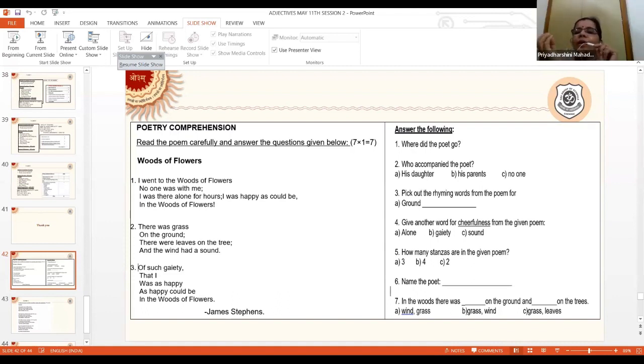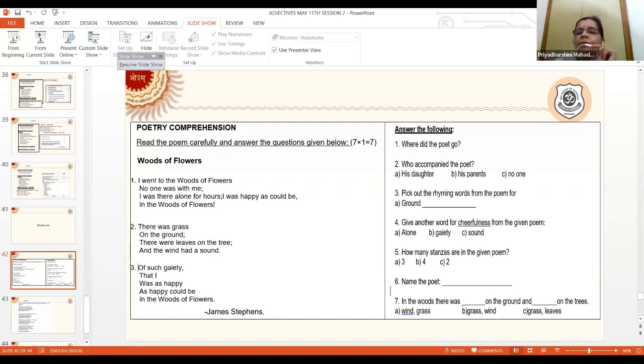Yes, no one accompanied the poet. Starting with a capital letter, ending with a full stop. That also we have to insist on. Here since the options are given, if we are going to test the child for the first time, you can give them some options like this. Of course, for 3rd standard children, we can always give them 1 or 2 questions like this with options, so that the child will score also.